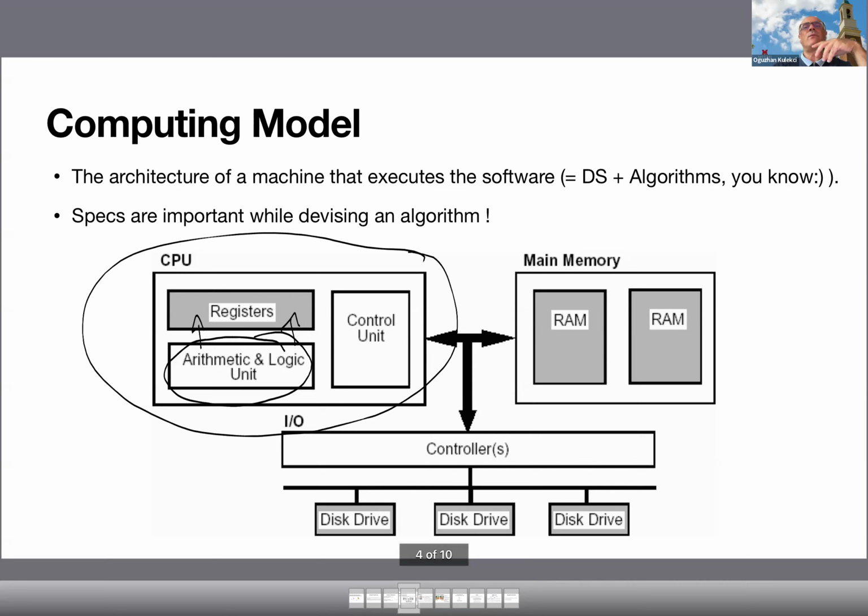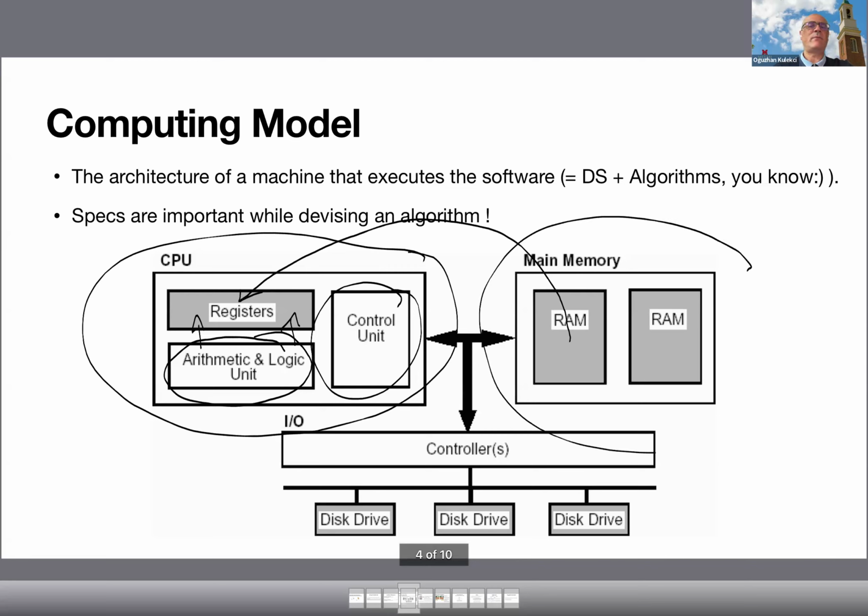If you are reading something from memory, it means that that data is first transferred to the registers, and then it is operated on. Okay, so that is something important. We'll be visiting that again very soon. And what else do we have here? The control unit. So that is the unit that makes the communication with the other parts of the computer. So that is the CPU.